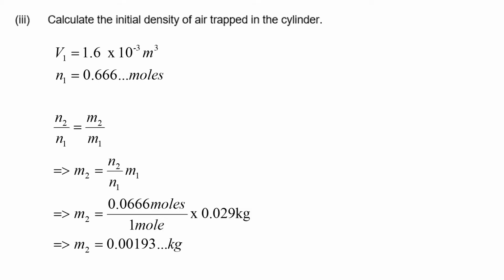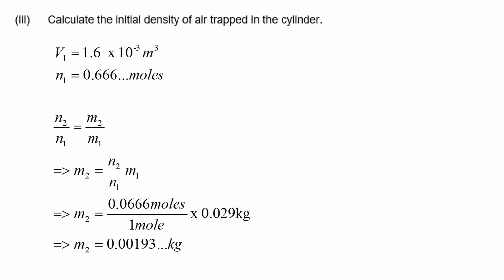In all circumstances, the mass is directly proportional to the number of moles we've got, because essentially number of moles and mass are both measures of the quantity of stuff we've got. So if we know 1 mole has a mass of 0.029 kilograms, we want to figure out what the mass of 0.0666 moles is.